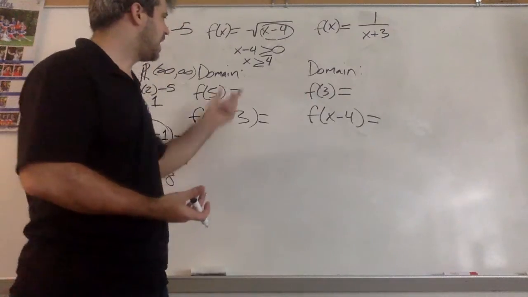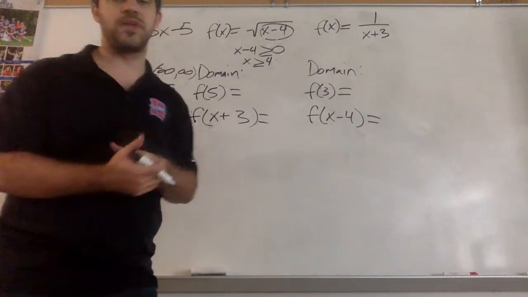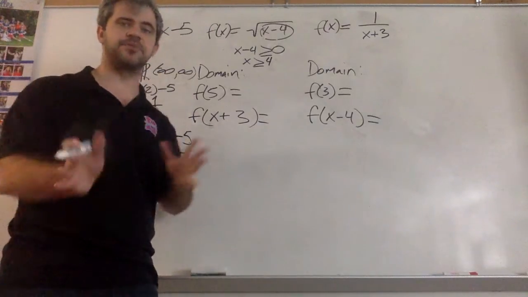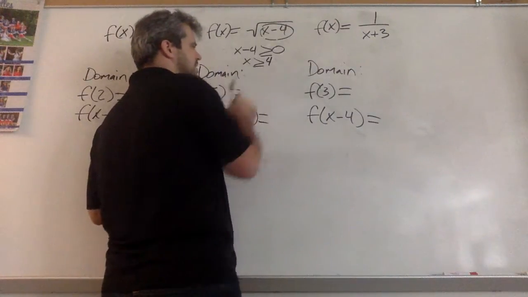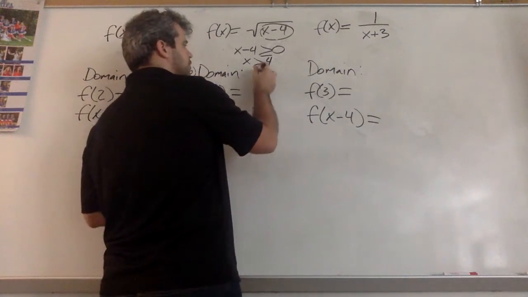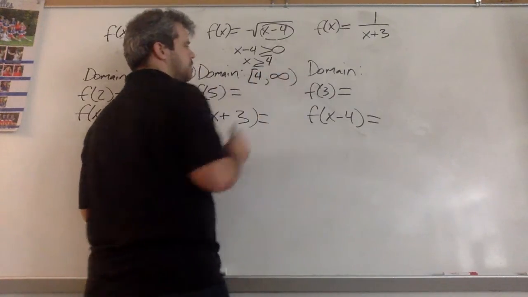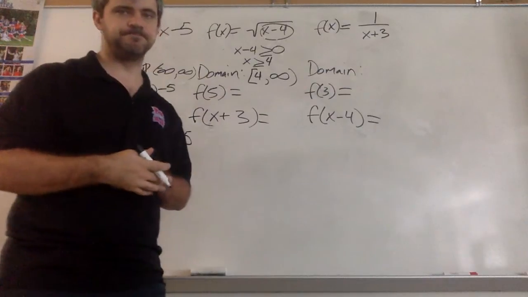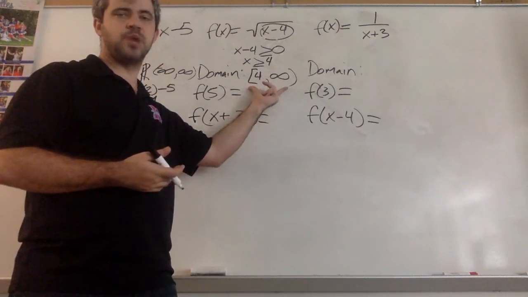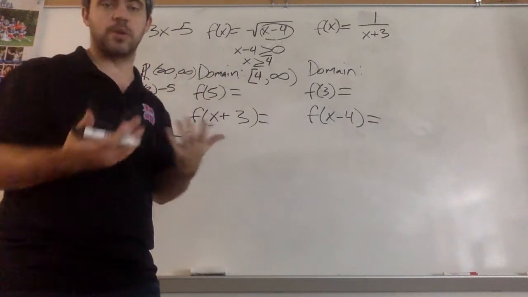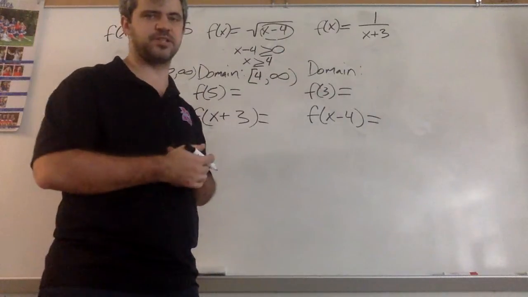But the moment that this gets smaller than 4, that's where we wind up negative and out of the real numbers. Okay? So our domain is this. It's x has to be greater than or equal to 4. So we start at 4 all the way to infinity. Okay. So very similar to the domain of just square root of x, which is 0 to infinity. But this minus 4 adjusts it just a little bit.